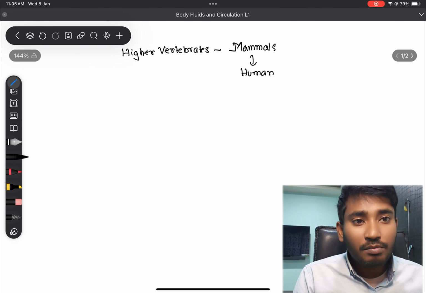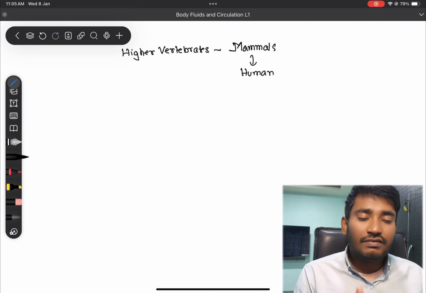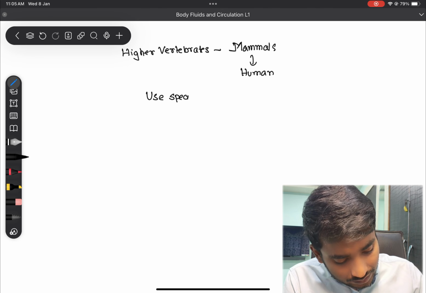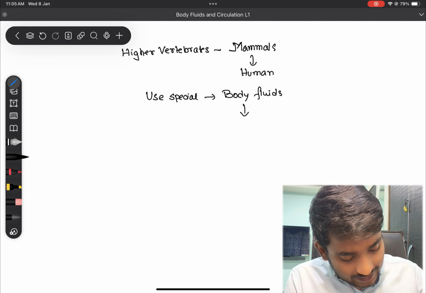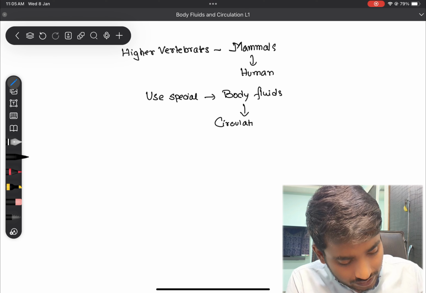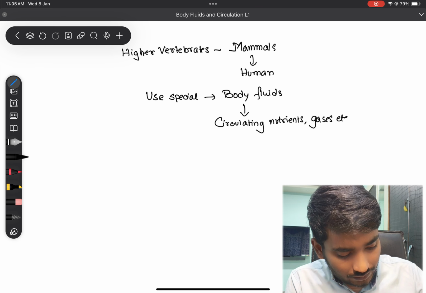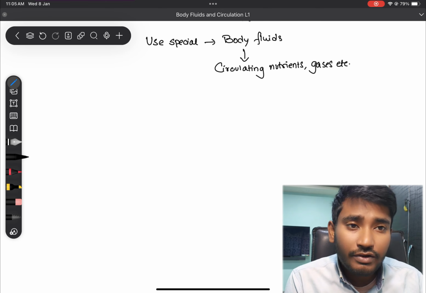We use a special type of body fluid, that is a fluid which generally travels all through our body. The function of the body fluids is circulating the nutrients, gases, etc.